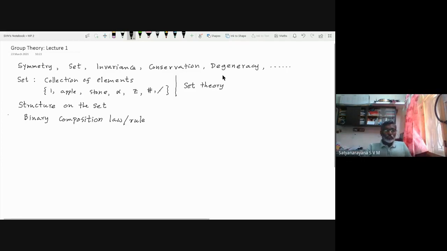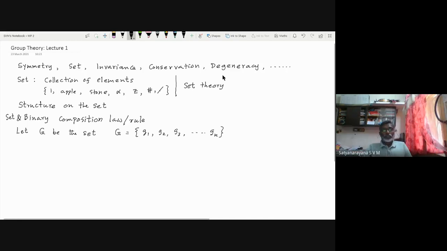So you have a set, some set, and you have a binary composition law. Okay, so let G be the set. Okay, so G is the set. Now the set will have certain elements, right? That means this G can have certain elements, which I will write as G1, G2, G3, etc. You can have probably some n elements.